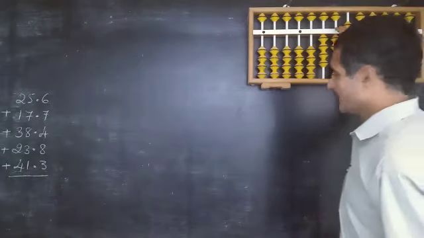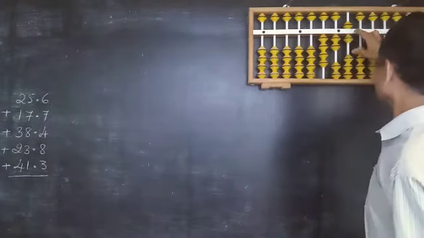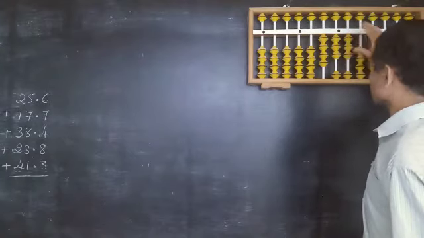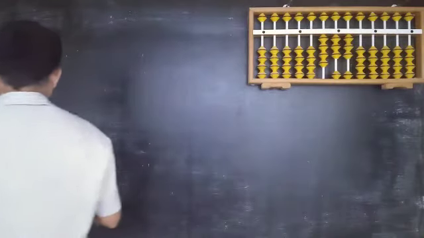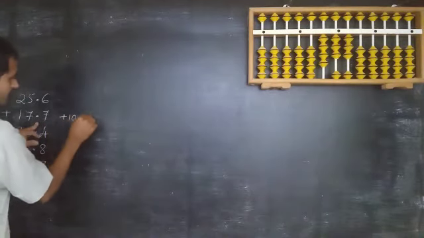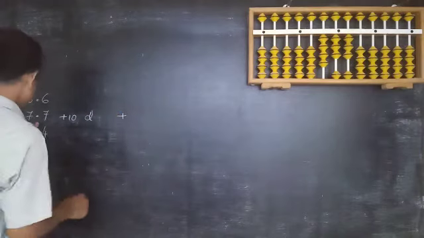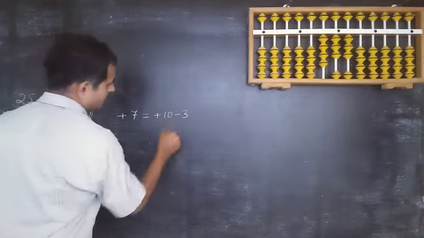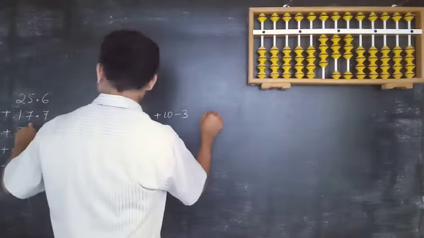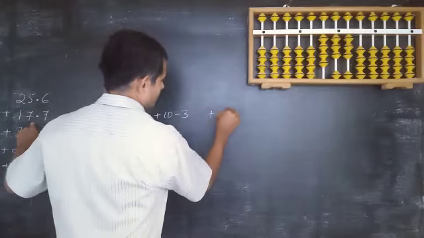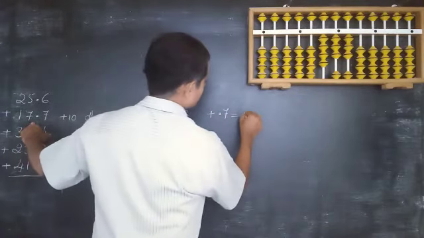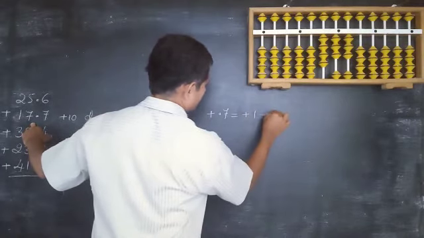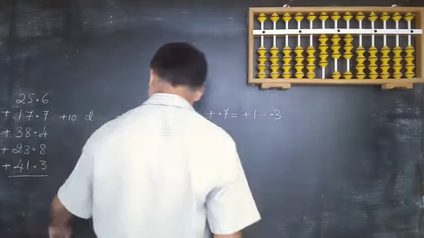Plus 2, plus 0.7 equals plus 1 minus 0.3, equals minus 0.5 plus 0.2. Plus 10 direct, plus 7 equals plus 10 minus 3. Plus 0.7 equals plus 1 minus 0.3. We did.